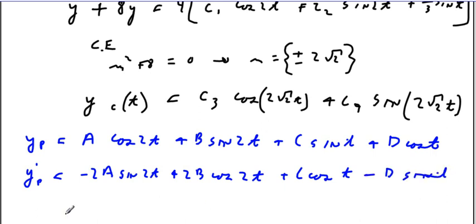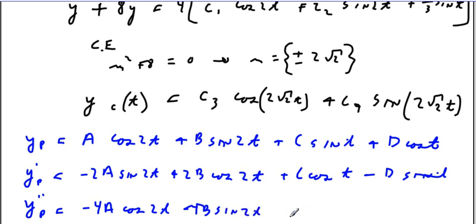And y double prime of p is minus 4a cosine 2t minus 4b sine 2t minus c sine t minus d cosine t.